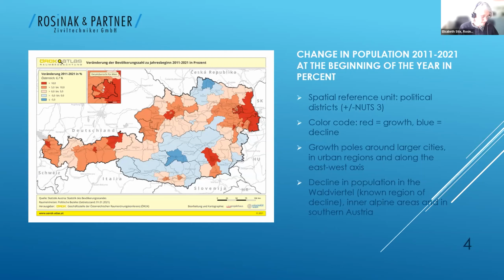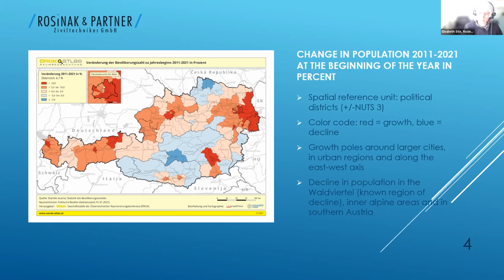The spatial reference unit is NUTS 3, political districts in Austria. And please be careful because the color code is a little bit different from many other ESPON maps. Here the color code says red are regions with growth and blue are regions with decline.